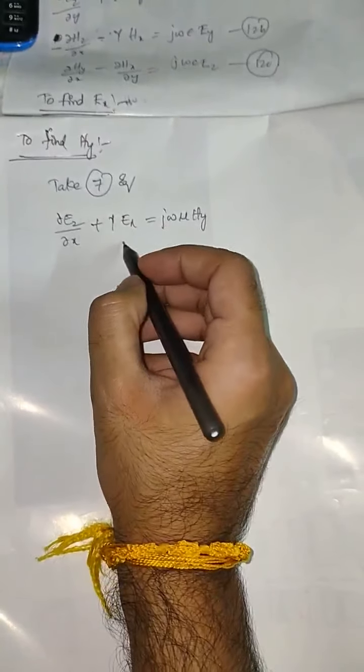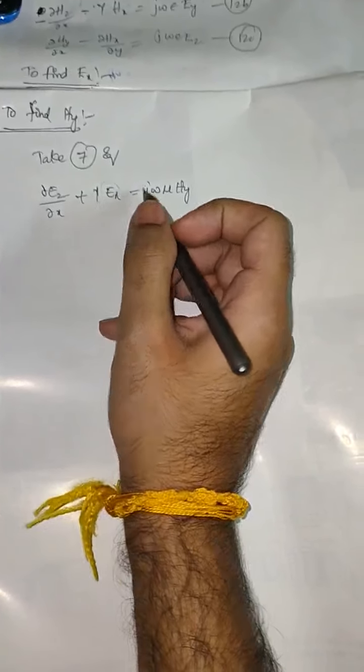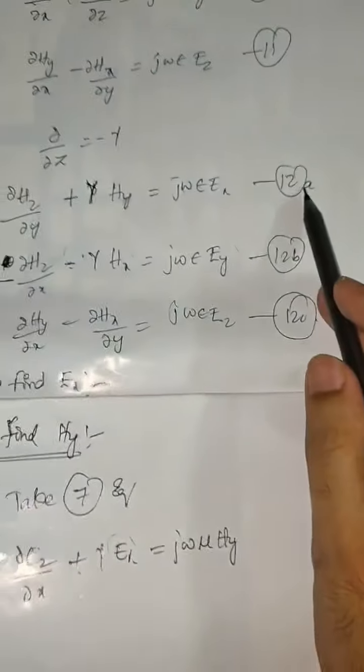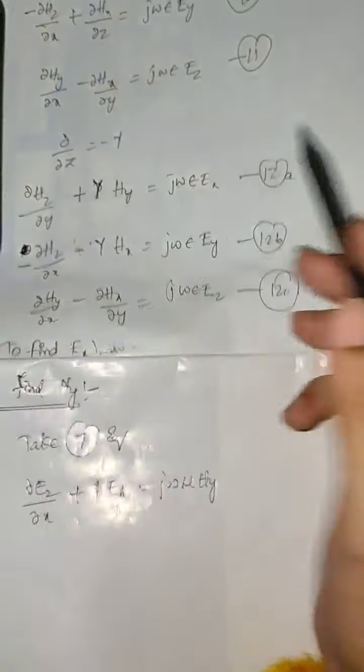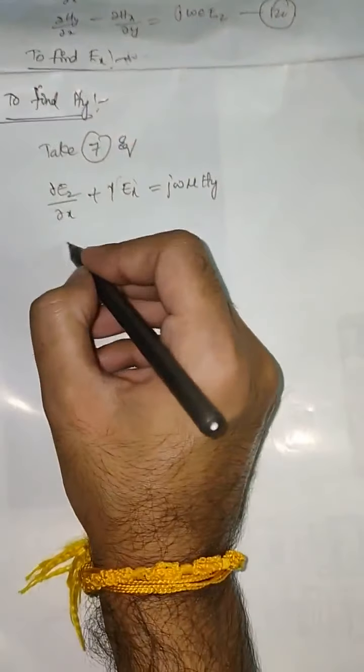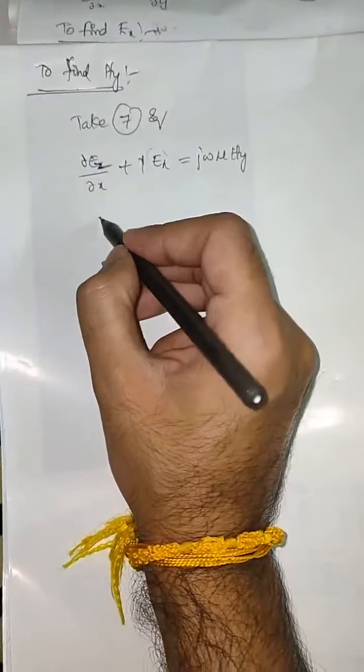From this seventh equation you need to find the Ex value, and that Ex is substituted in the 12a equation so that you will get the Hy equation. So now you will find the Ex value first.